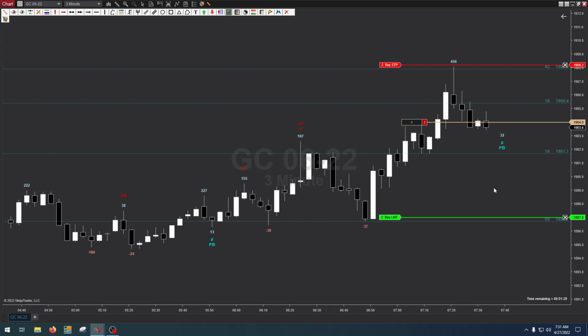I got in later than I would have liked. I would have liked to have gotten in right here. Basically, my charts were opening up, and I noticed this and drew the lines really quick and got in as quickly as I could. So, the numbers combined here. Now we have basically a triple algo to go long right here.